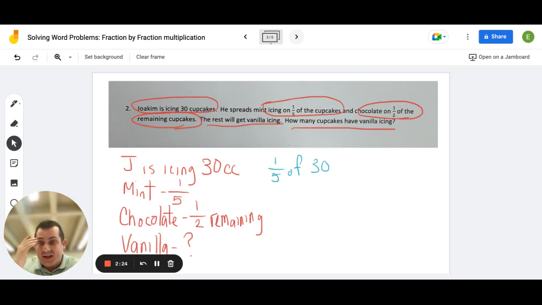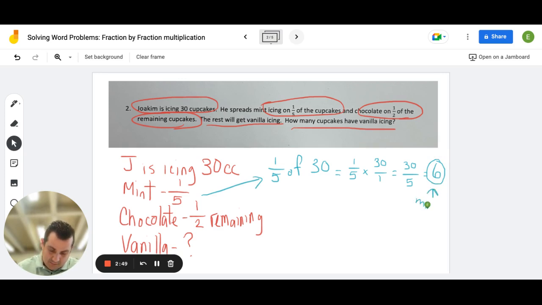Well, I'm seeing in class a lot of you are looking at that as multiplication and doing 1/5 times 30 over 1, which equals 30 over 5, which simplified equals 6, right? And that is our mint, okay? So I did that. 1/5 of 30 is 6.